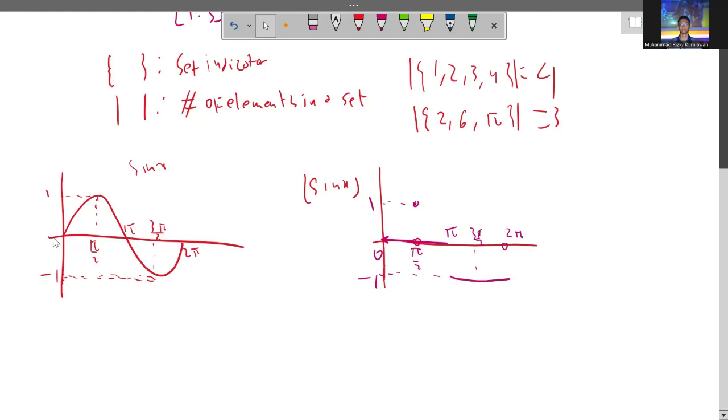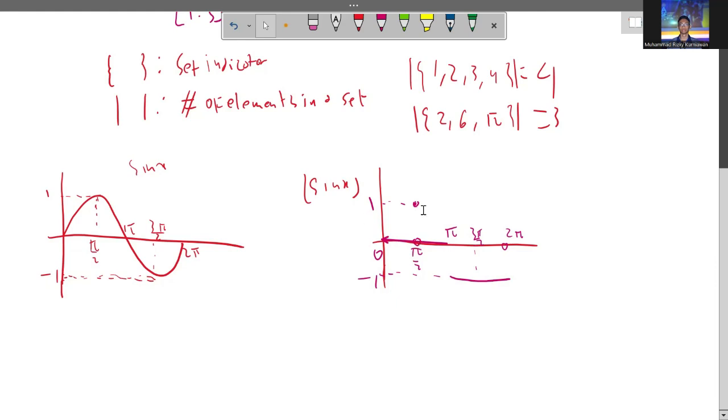So at any point from 0 to pi over 2, the value of the GIF of sine of x is 0. And then there's a singular point here for x equals pi over 2. When x is equal to pi over 2, sine of x is 1. Sine of pi over 2 is 1, and the GIF is equal to 1.